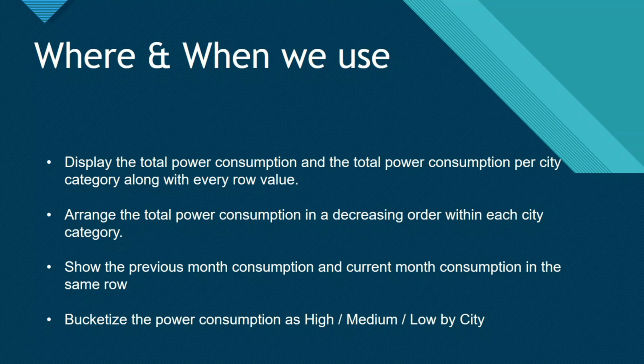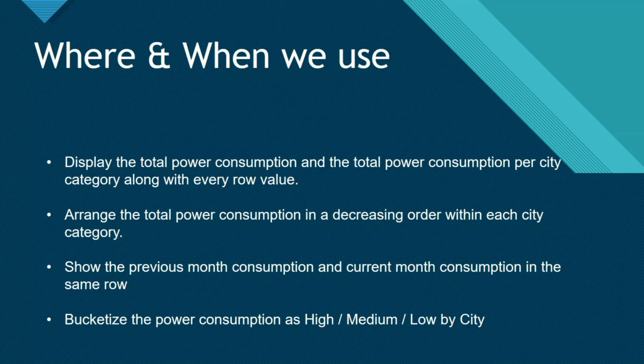The next scenario is to arrange the total power consumption in descending order within each group. Let's say you have the cities Chennai, Mumbai, Delhi, Kolkata, Bangalore, Hyderabad, and you have to show the total power consumption of each city in decreasing order.